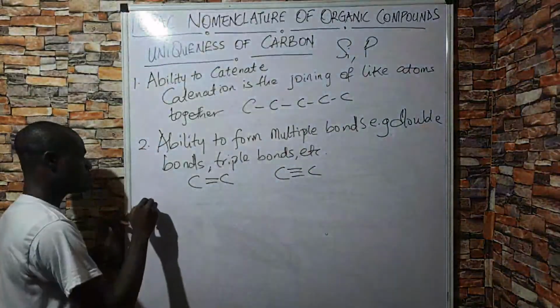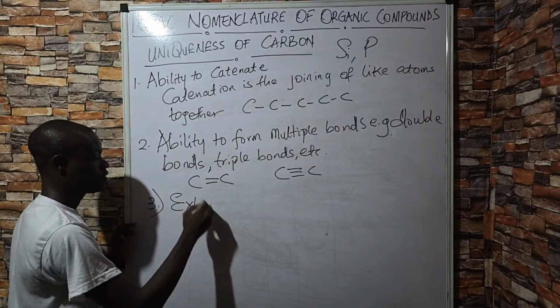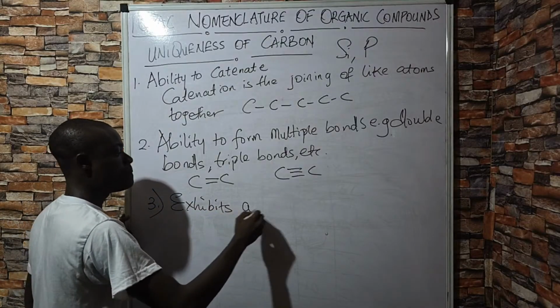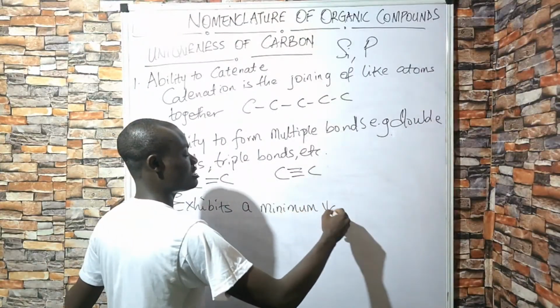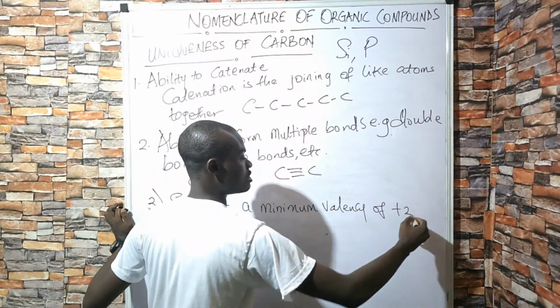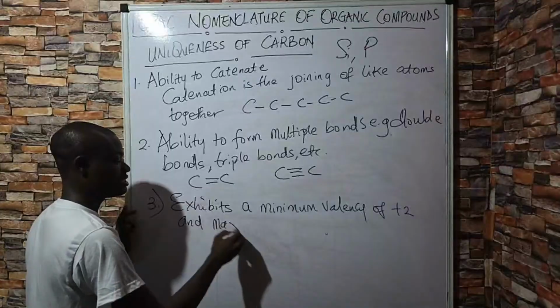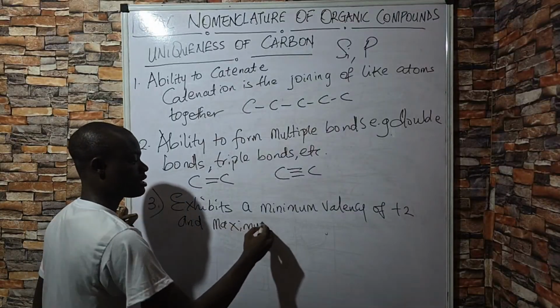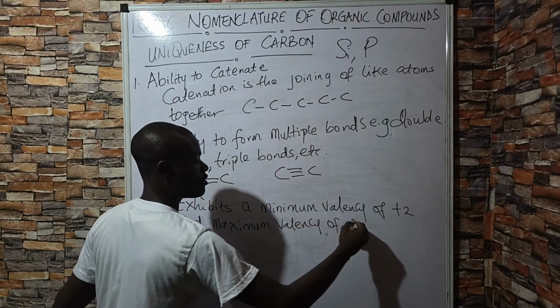So number 3, carbon exhibits a minimum valency of +2, take note of this, and maximum valency of +4.